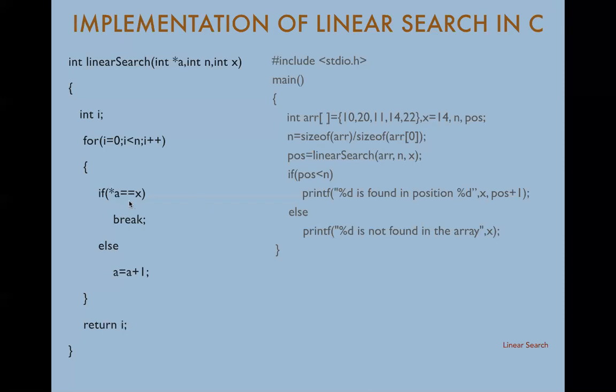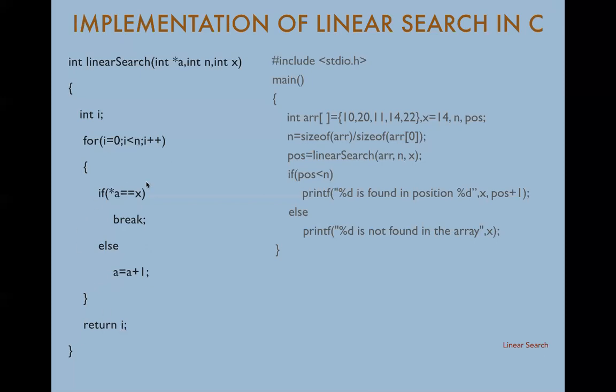If the search element X is not found in the array at all, what happens? The entire loop gets executed and the value of i will become n. So the condition fails and it comes out of the loop. So it returns i. In that case, the value of i will be n.